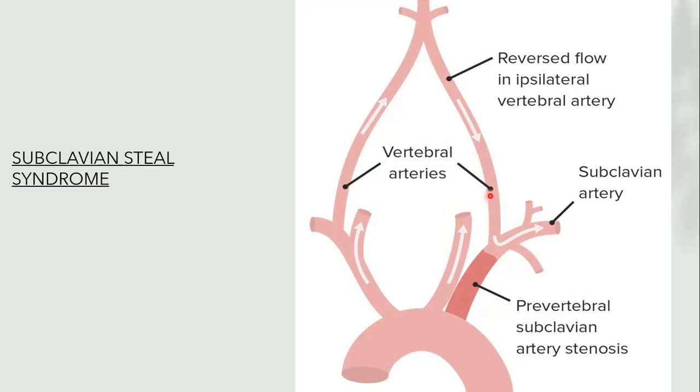But also there'll be vertebrobasilar insufficiency. And remember, the vertebrobasilar system is actually what gives you the posterior cerebral arteries, which supply part of the visual cortex. So there'll be some visual disturbances such as diplopia.